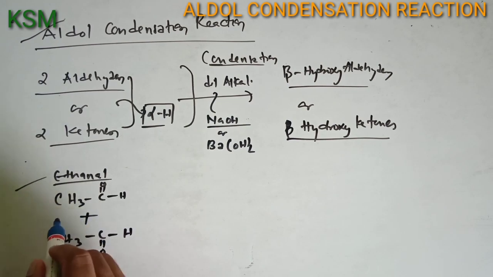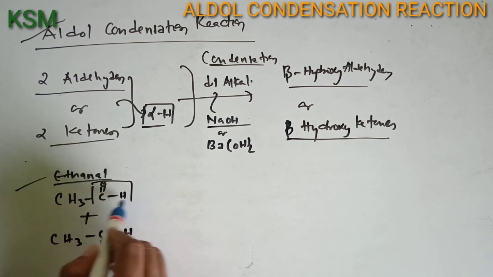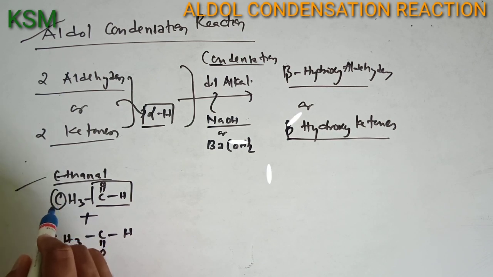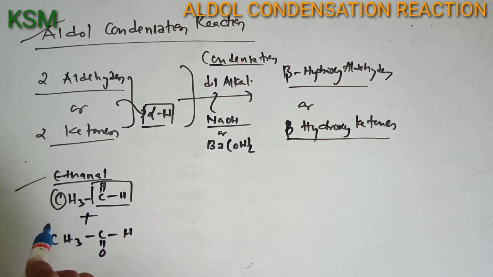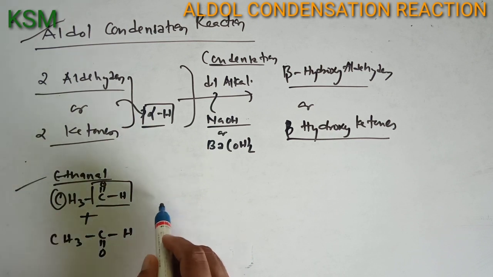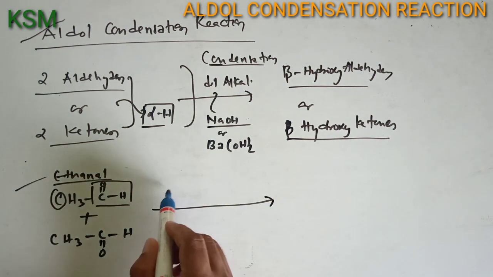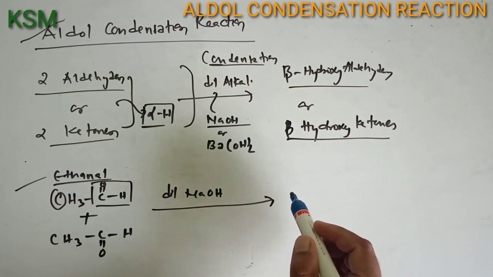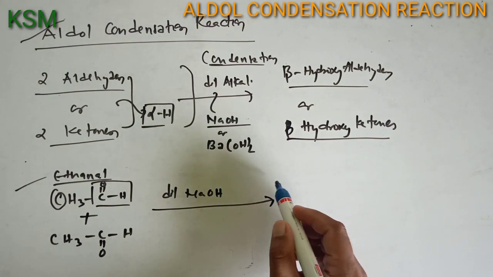We can observe that this is an aldehyde group and this is considered to be the alpha carbon, and whatever hydrogen atoms are attached to the alpha carbon are considered to be alpha hydrogen atoms. So in this aldehyde there is a presence of alpha hydrogen atoms. So it undergoes the process of condensation in the presence of dilute sodium hydroxide, and finally it forms a product.